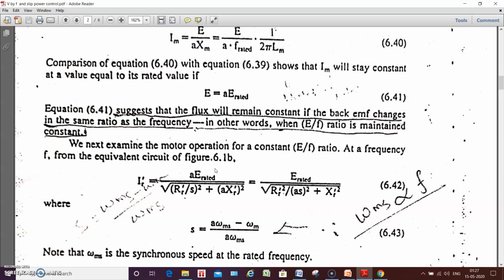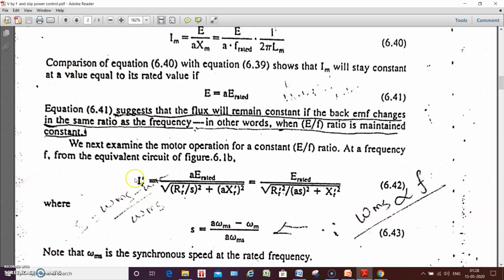You are varying the voltage and frequency with the same ratio, and hence these two parameters indirectly will automatically vary with the same ratio of A, this inductive reactance and this omega ms. Okay, four parameters are going to be varied. You are varying two parameters, the voltage and frequency, with a certain ratio. Automatically the inductive reactance and synchronous speed are getting varied with the same ratio.